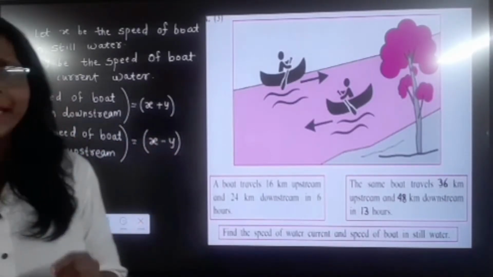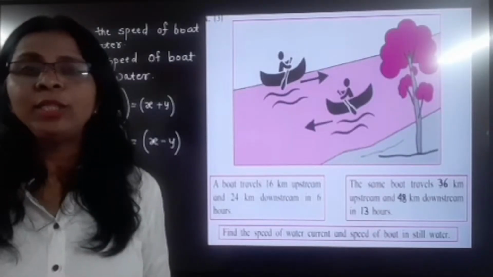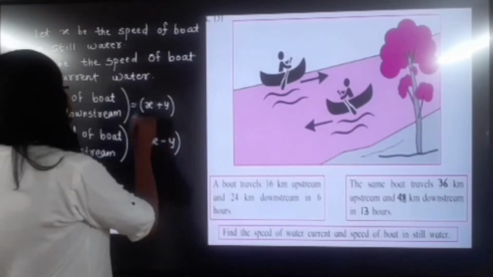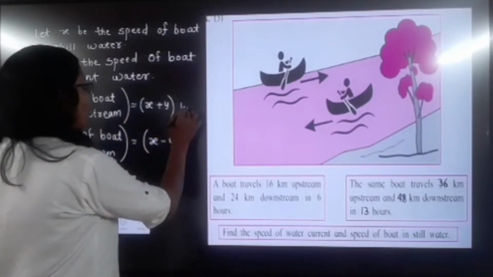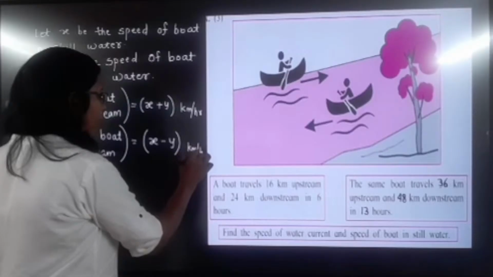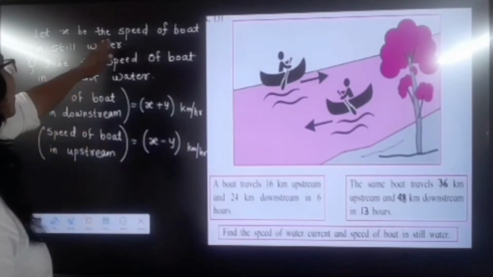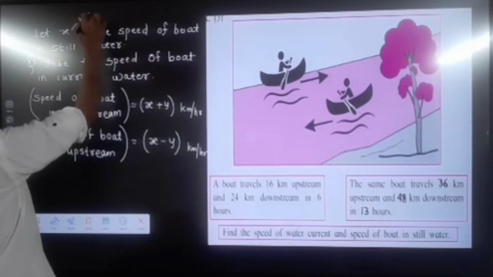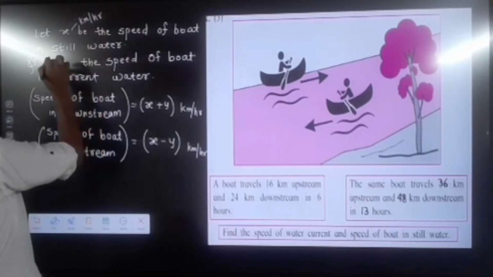I write here without any unit, but now I write down the unit. So the speed is kilometer per hour, and here also kilometer per hour, and here also y, kilometer per hour.